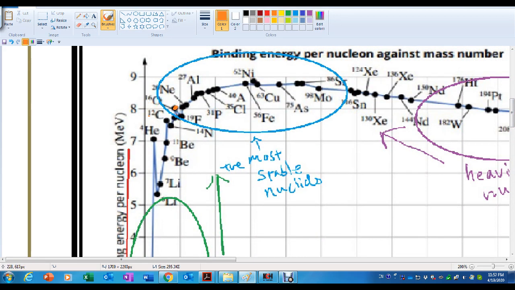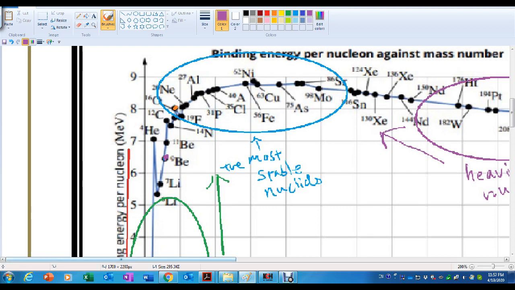So it's about 8. So beryllium-9 is around here. Sorry, I might use another color. This one. Okay, so beryllium is around 6.5 MeV per nucleon, and oxygen-16 is around 8.